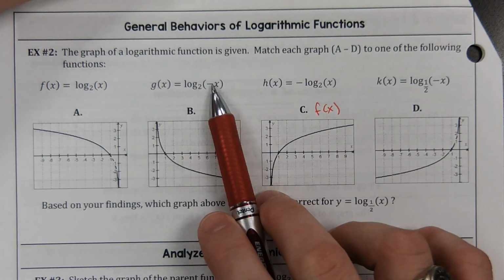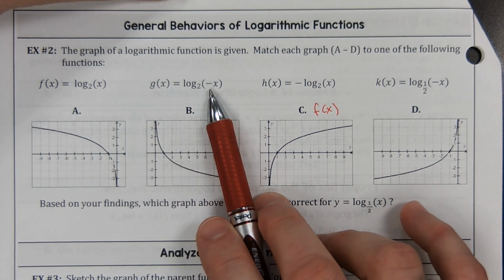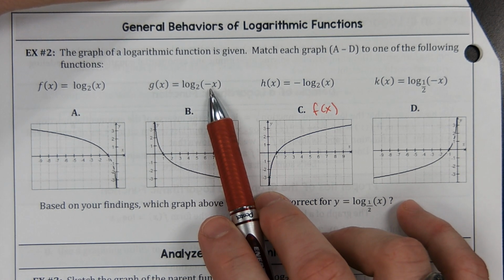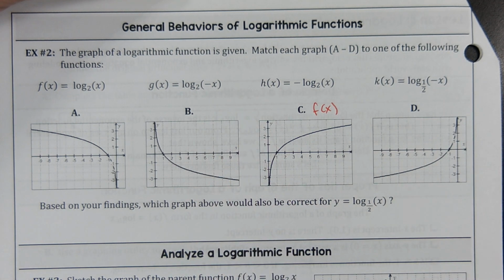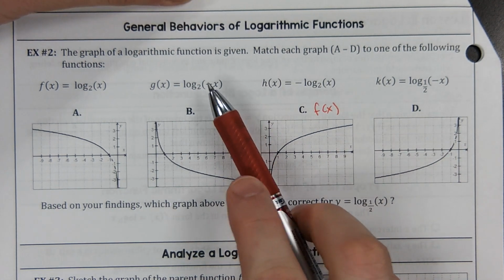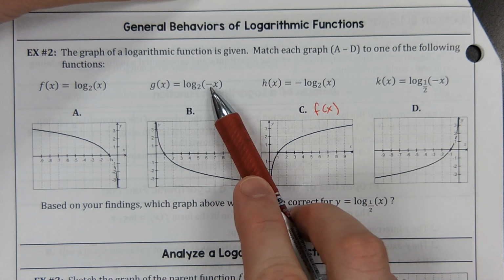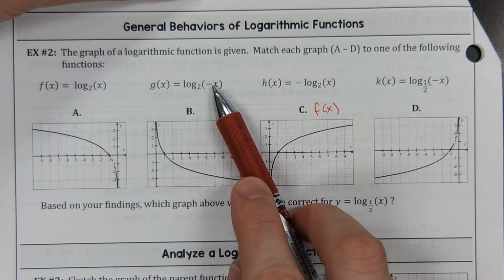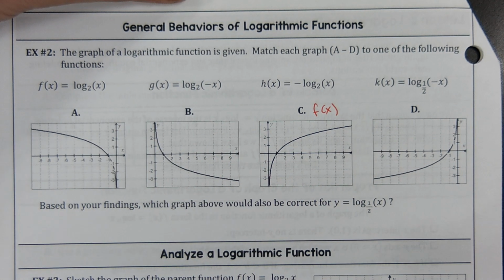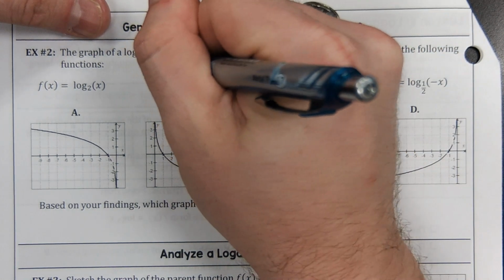So, here, if you make an x negative, what transformation is this? It's a horizontal reflection. It's horizontal because it's on the inside, and negatives are reflections. So if you horizontally reflect, are you reflecting over the x or reflecting over the y? Okay, so this is reflect over y-axis.